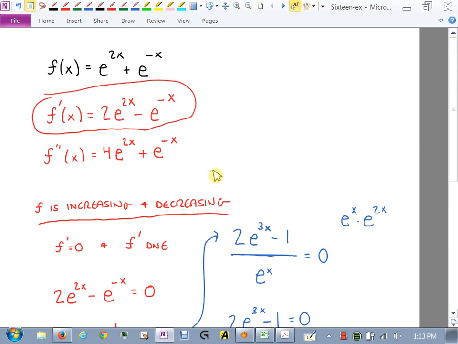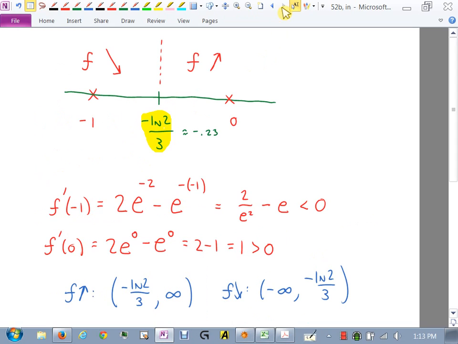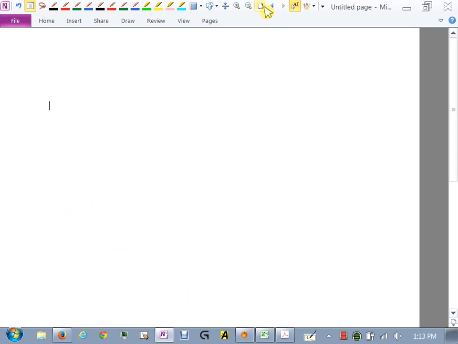All right, let's now look at concavity. For concavity, we look at the second derivative and we set that equal to 0, and we figure out where that's undefined. So repeating the process, kind of. So for concavity, you have the second derivative equal to 0 and where the second derivative does not exist.